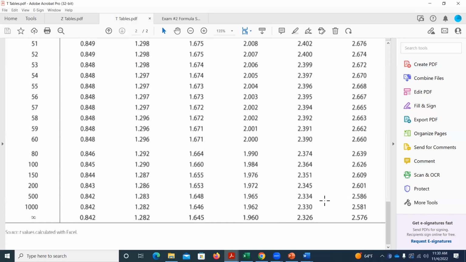Those will be my critical values. That's why identifying the type of test is important, because I can look up and find those values in the table, but I have to remember those are going to be negative. Those same three values, but negative, because I have a left tail test. I'm looking at the left-hand side. Okay.